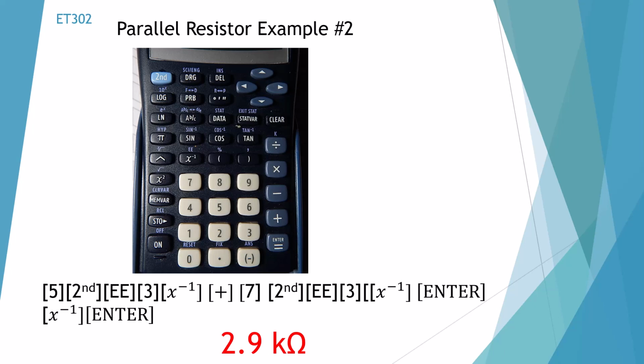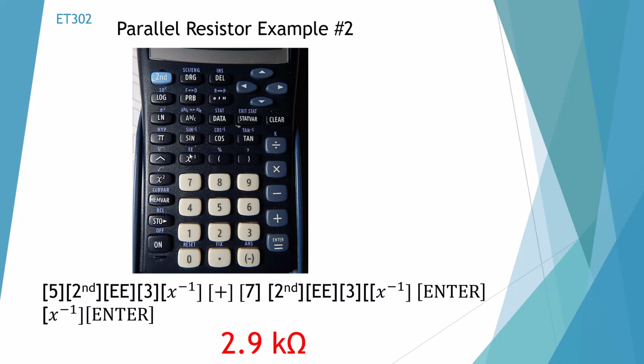All right, let's get started. So we have 5, second, EE, 3, inverse. What we have here is 5k, so 5 times 10 to the 3. Then we add 7, second, EE, 3, being k.